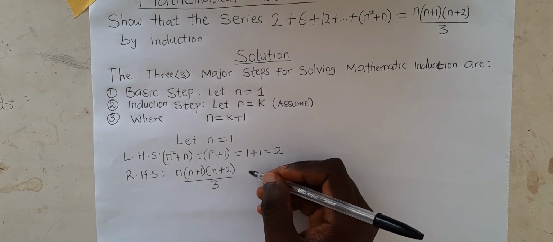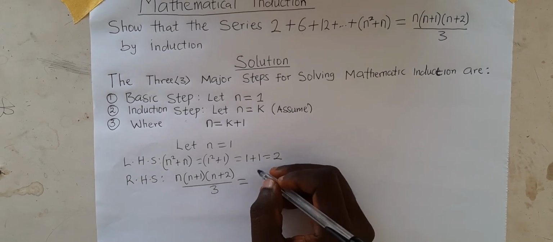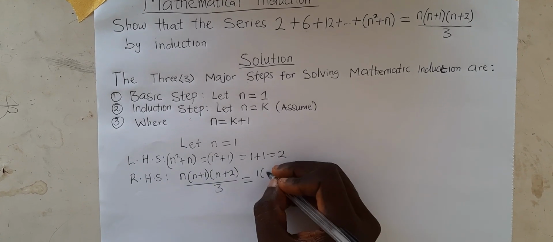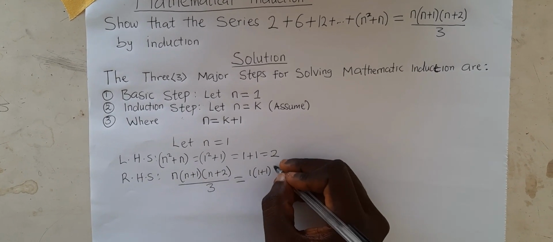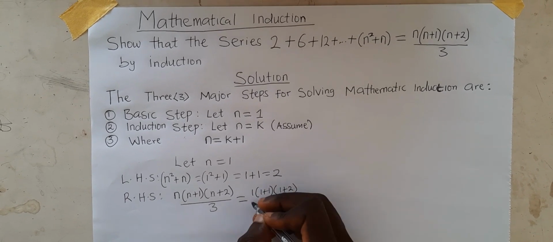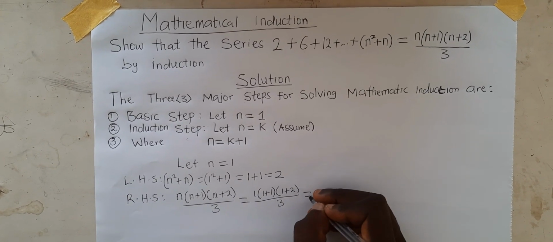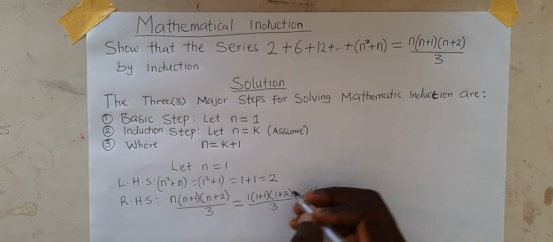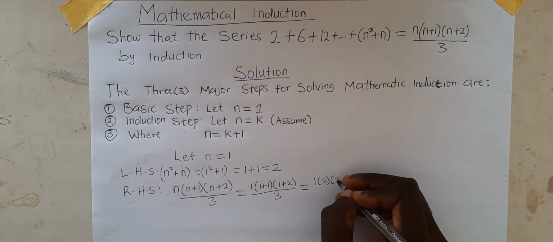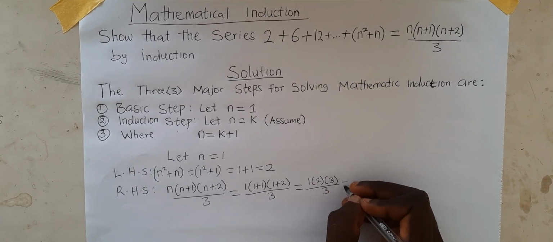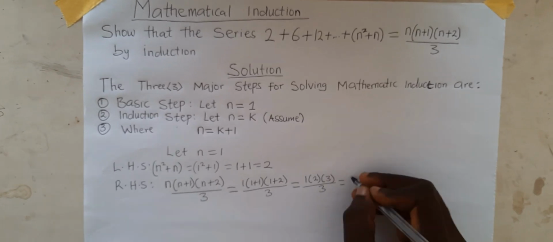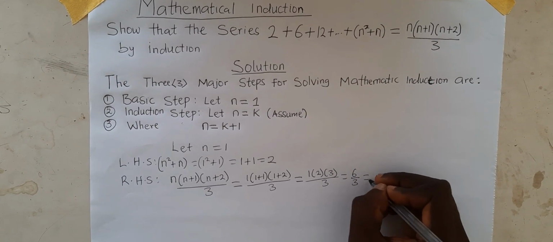Replacing n with 1, we have 1 into bracket 1 plus 1, into another bracket 1 plus 2, all over 3. This gives us 1 into 2, open another bracket, 3, all over 3. 1 times 2 is 2, times 3 is 6. That is 6 over 3.